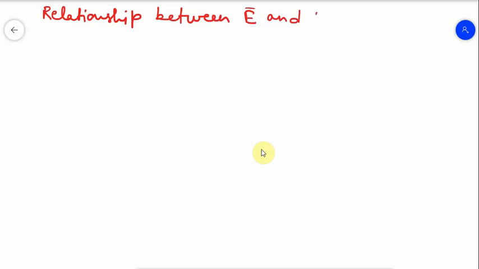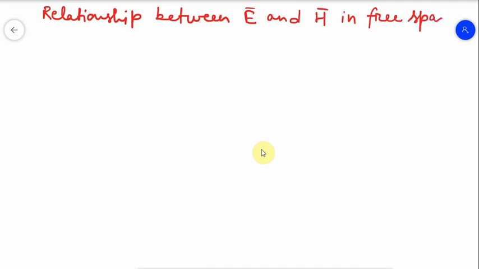So the topic of today's discussion is the relationship between E and H, electric field intensity and magnetic field intensity in free space.